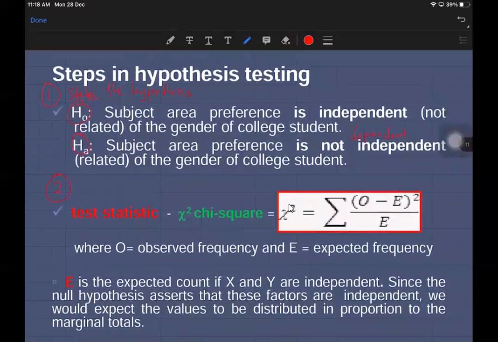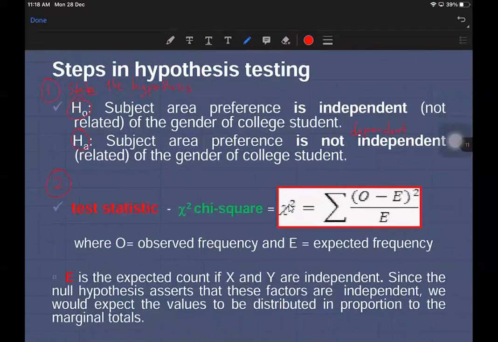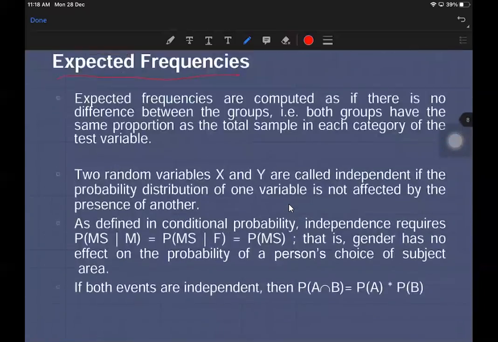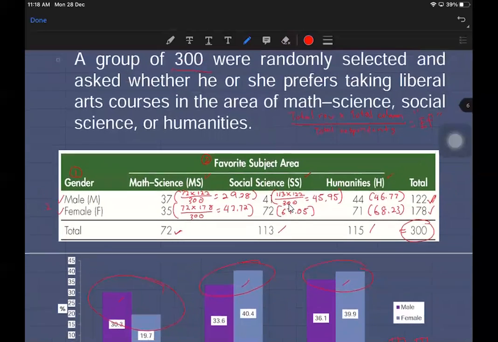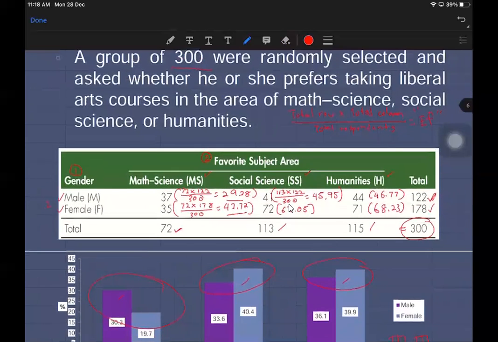So we need to calculate our chi-square test statistic value. Okay, step number 2. So in the formula we have expected value here. That's why you need to calculate your expected value that we have calculated here. Okay, so these are all expected values.